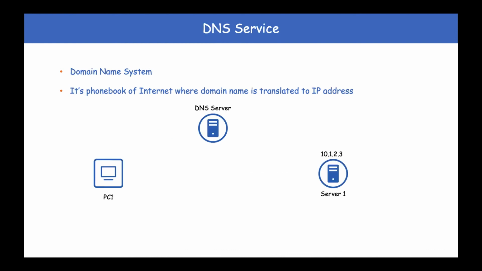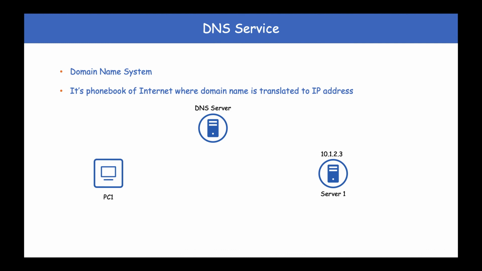Like ARP, DNS also plays a very important role. DNS is the Domain Name System. It acts like a phone book of the internet, wherein the domain name gets translated to an IP address. For example, PC1 wants to connect to server 1, but server 1 is a domain name. PC1 cannot send a message to server 1 directly. The computers need an IP address, which in turn gets converted into a binary number.